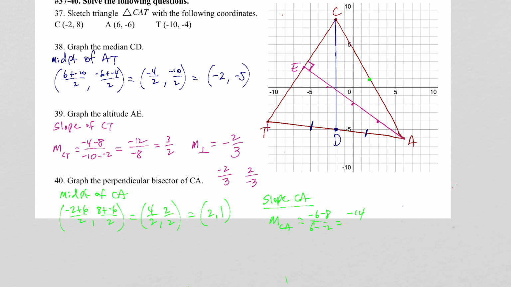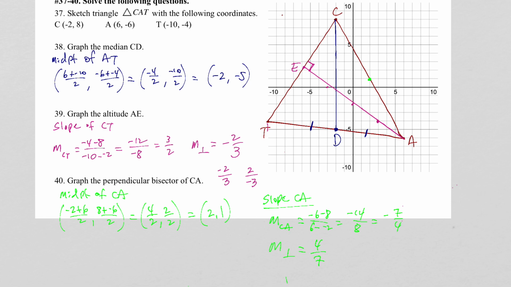So that's negative 14 over 6 plus 2 is 8. So this is negative 7 over 4. So the opposite reciprocal, the perpendicular, is positive 4 over 7. I hope you can see that. I'm having trouble seeing that. But anyways, 4 over 7.